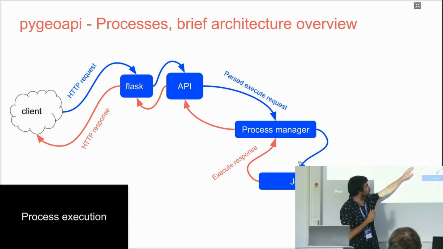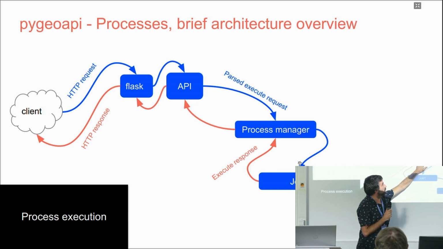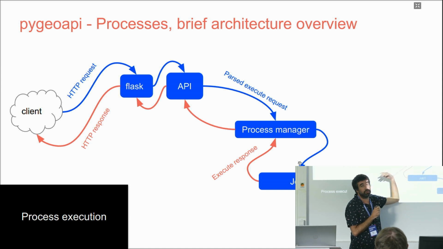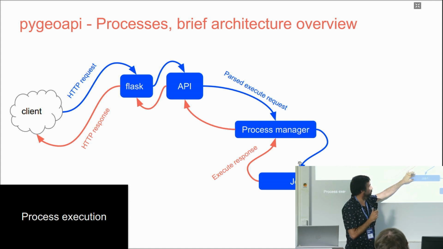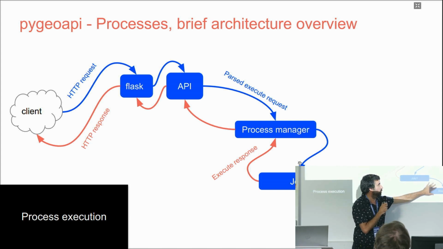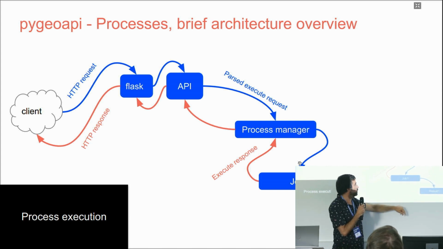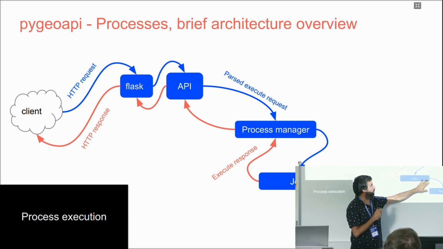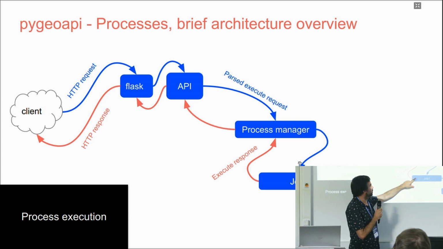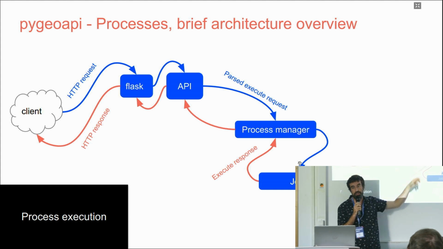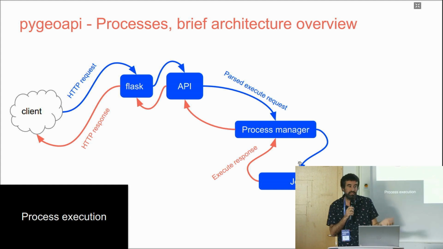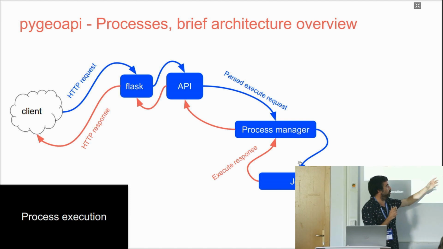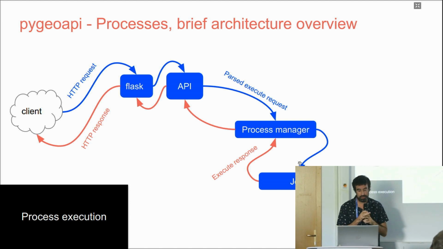The process manager will usually instantiate a job based on its configuration. The job can be executed synchronously or asynchronously depending on the request and on the server capabilities, and eventually some result is generated. Regardless of the result being generated, the job has already given a response saying, okay, I will do it when I have the time, or I have already done it and here is the response.